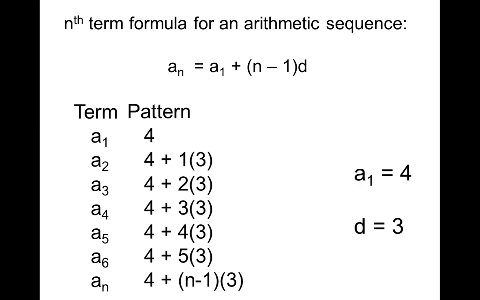We have to start with the first term, a sub 1, and then we add to that a number of common differences that's 1 less, n minus 1, 1 less than the position that we want to find in that particular sequence, the value of the position.